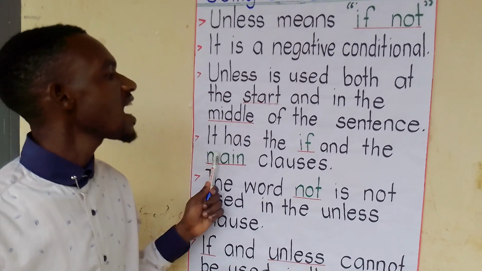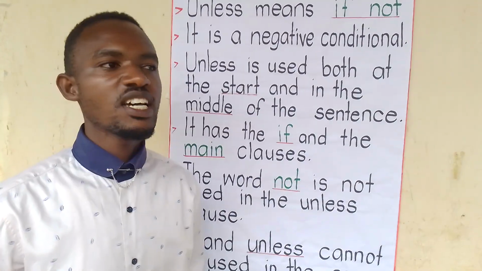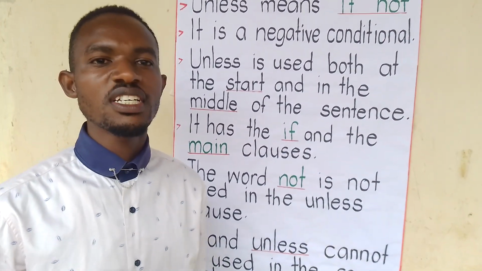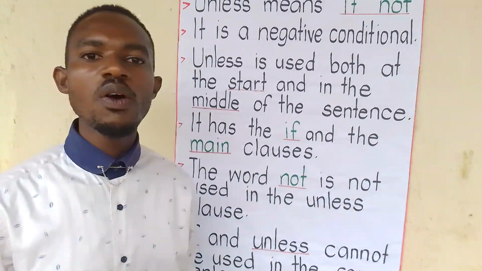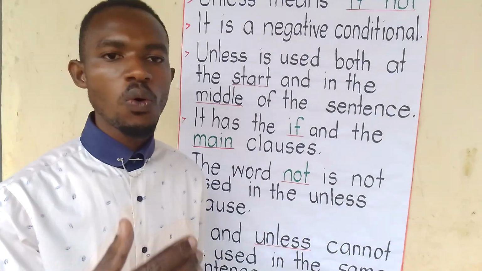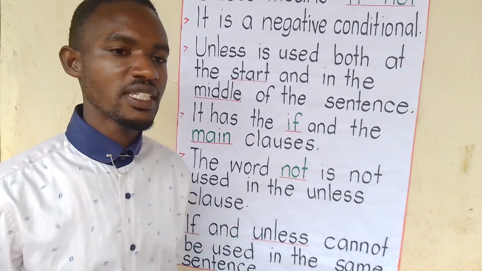Next, it has the if and the main clauses. The if clause is where we have a condition that is supposed to be fulfilled, and the main clause is where we have the expectation that is expected to come true in case the condition has been fulfilled.